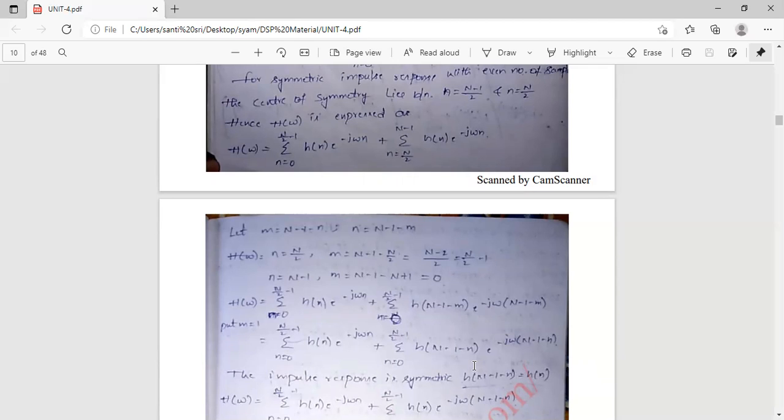plus sigma m equal to 0 to N/2 - 1 h(N - 1 - m) into e^(-jω(N-1-m)). Put m equal to n, then it will become sigma n equal to 0 to N/2 - 1 h(n) into e^(-jωn) plus sigma n equal to 0 to N/2 - 1 h(N - 1 - n), okay, into e^(-jω(N-1-n)). Okay.